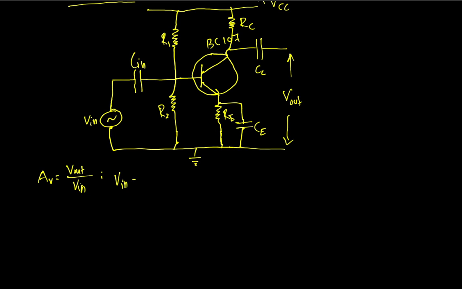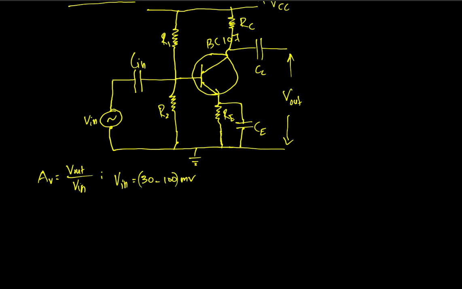For doing this experiment we will initially set an input voltage equal to some value. It is usually between 30 to 100 millivolt. We will set this value first, then we will vary the input frequency.